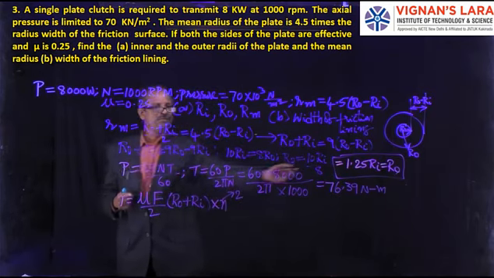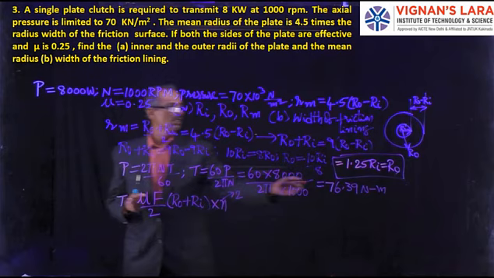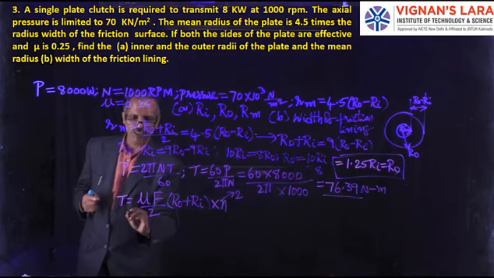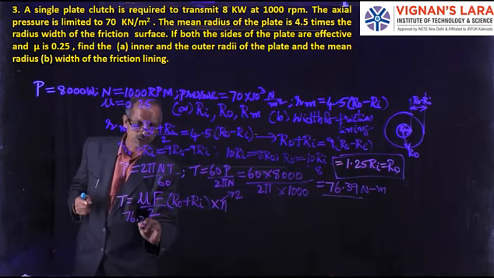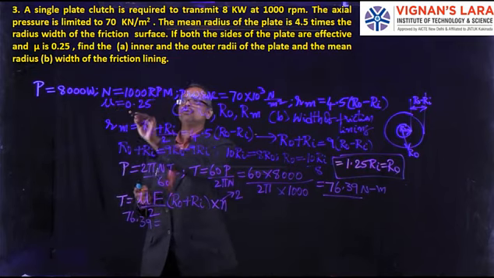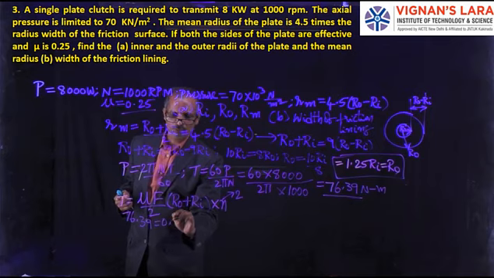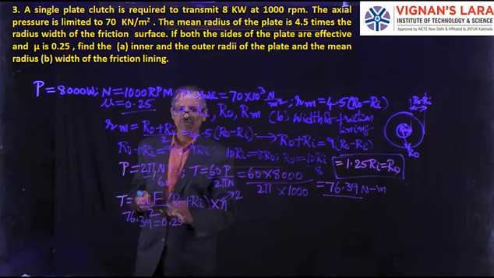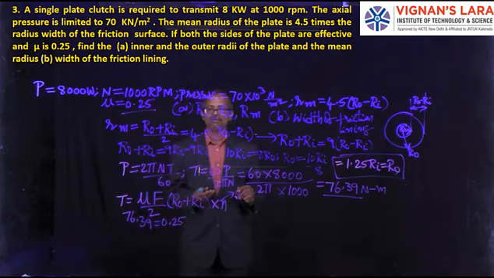The T value is already available, 76.39. So 76.39 is equal to mu, which is 0.25. Then what is the F value according to uniform wear theory?